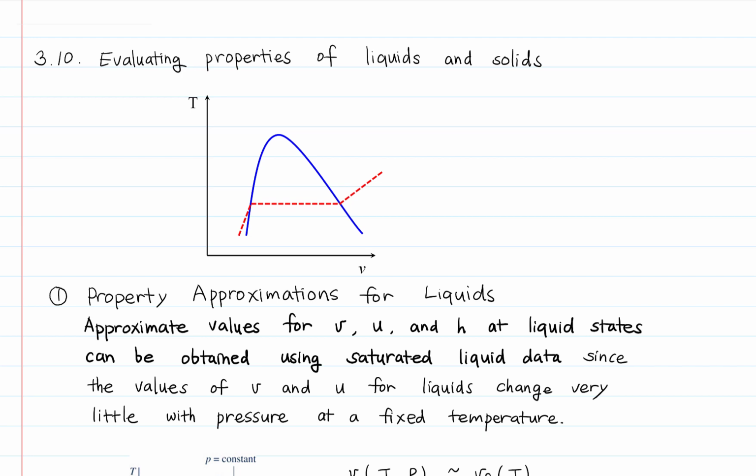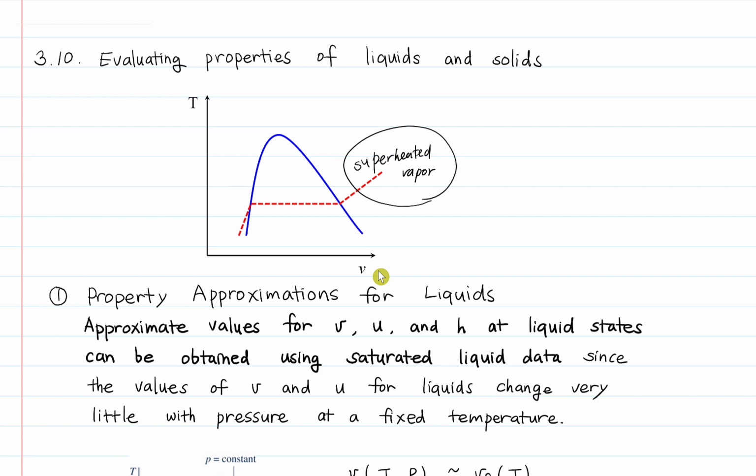We know that both liquids and solids are nearly incompressible. The change in density or specific volume with pressure is negligibly small. On the temperature and specific volume diagram, the superheated vapor region is here, on the right-hand side of the saturated vapor line.